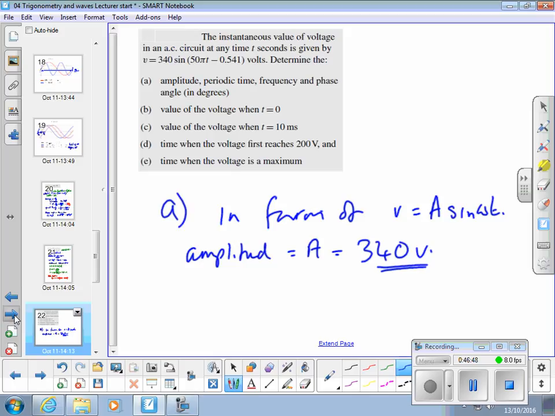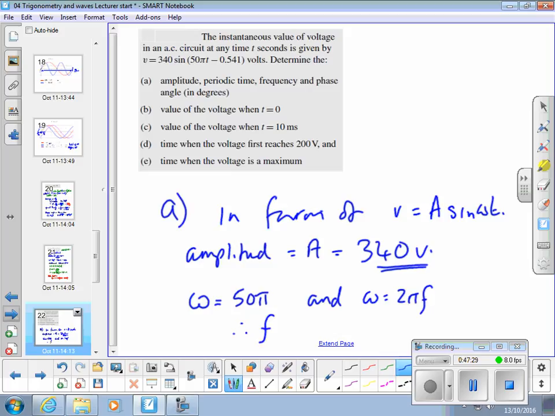How can I find the periodic time and frequency? Yeah, but how can I get f? We need omega, don't we? What is omega in this case? 50 pi. Therefore, what do we also know about omega? 2 pi f.